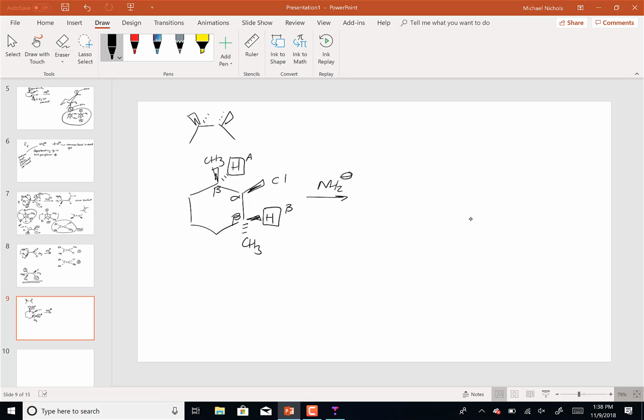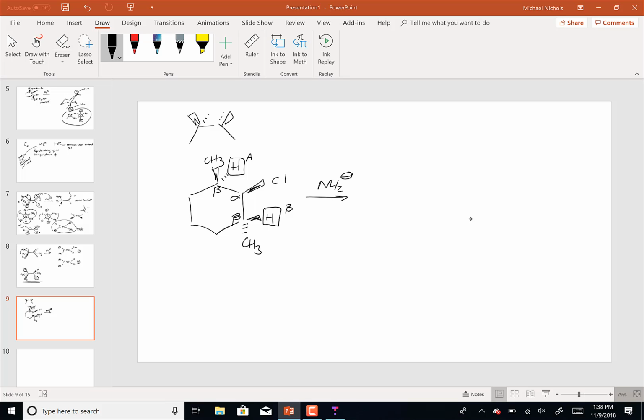I picked A, and the only reason why I picked A was because the hydrogen was in the back on A, and B is in the front. Okay. What did you choose? I said A, because you have to look at the chair to see. Okay, so we're going to have to look at the chair to see what's anti-periplanar. Yes, the hydrogen's in the back versus it being in the front.